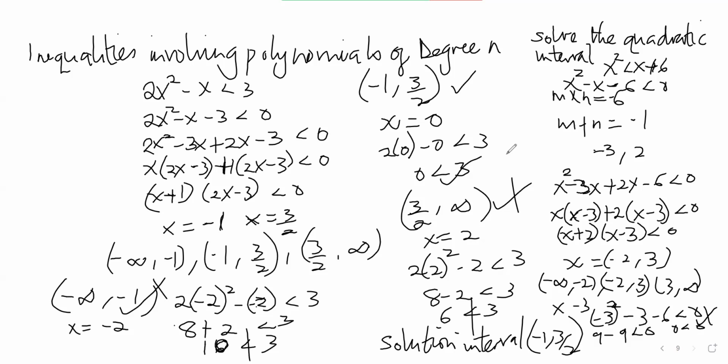Then we have -2 and 3. Our inequality is x squared minus x minus 6 should be less than 0.